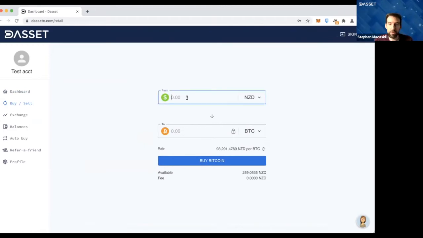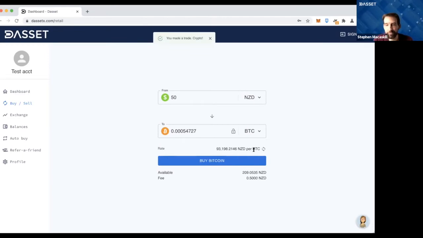If I want to buy $50 worth of Bitcoin, then I'm placing a regular market order where I don't know what the price is, but I'm guaranteed to get $50 at the current market. As you can see, the price changes every second, so between me submitting the order and the order hitting the order book, the price might have changed by a fraction of a cent.